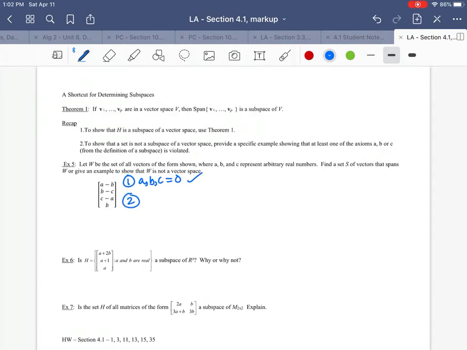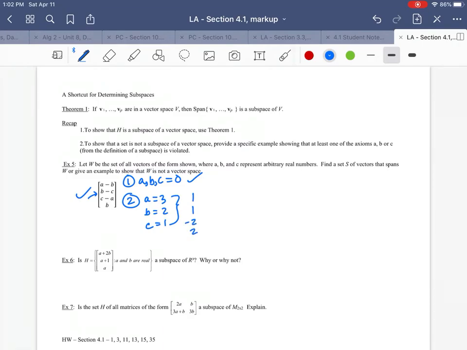Step 2, I'm going to do a couple things here. Let's say I let A be 3, B be 2, and C be 1, and that's going to be 1 vector. If I plug those into my formula right here, A is 3 and B is 2, so 3 minus 2 is 1. B is 2 and C is 1, so 2 minus 1 is 1. And if I follow the other formats, I get -2 and 2.